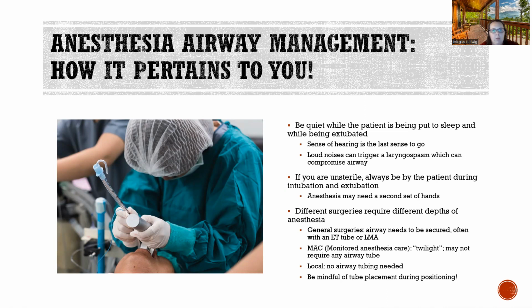We want to make sure that anesthesia is pain-free, right? No movement, so that's your muscle relaxant. One of the side effects of that is, though, as they're going through those phases of anesthesia, actually stages of anesthesia, they are more at risk for developing something called a laryngospasm.